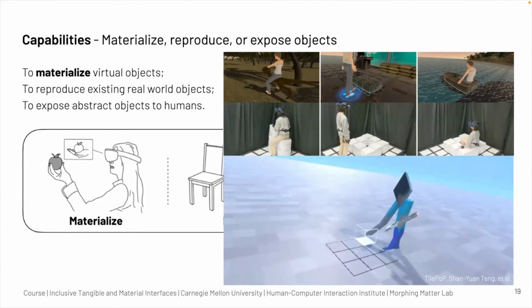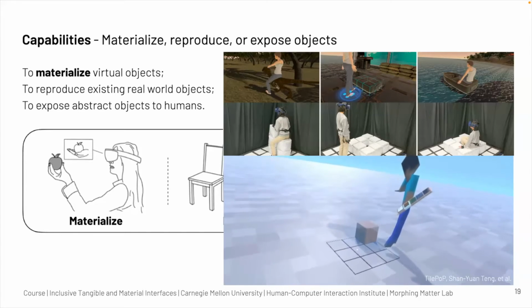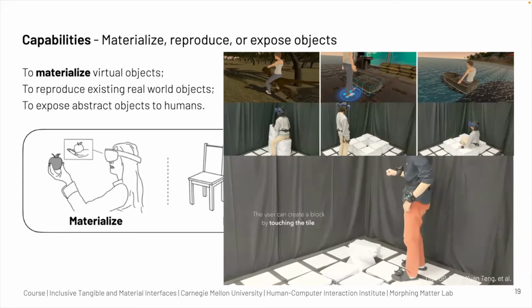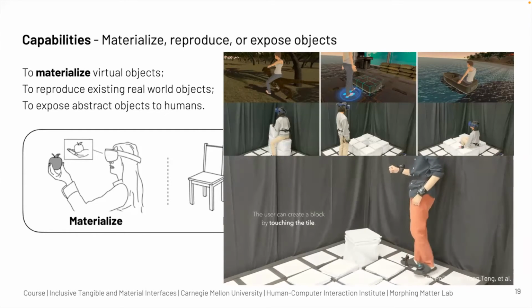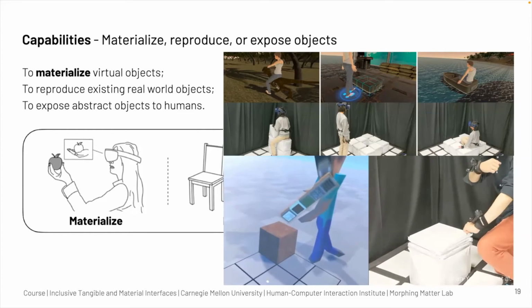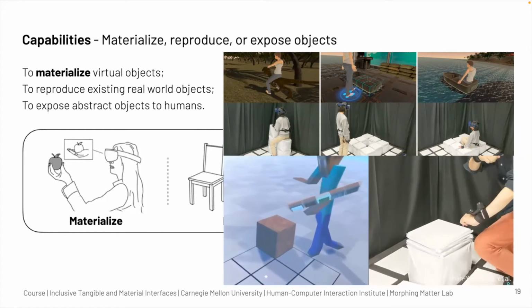And this is another example of materialized virtual objects. To be more specific, it materializes the virtual environment around the users. Yeah, and I think this application is very clever because both Minecraft and the system they built are based on cubes.